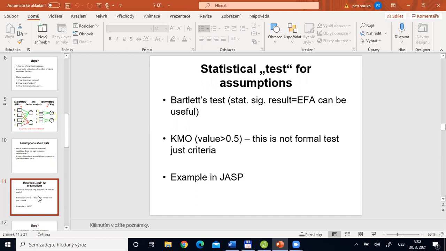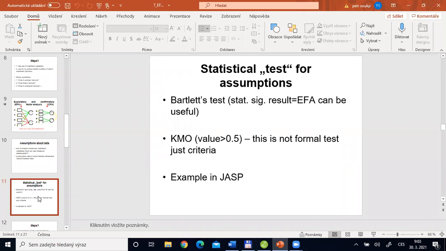And there is also a criterion called KMO, or sometimes in the literature on statistical packages MSA. KMO stands for three names: Kaiser, Meyer, Olkin, who invented this criterion, and MSA stands for measure of sampling adequacy. It doesn't matter which name we use, but the simple recommendation is that if this KMO or MSA is above 0.5, maybe there is space for factor analysis.